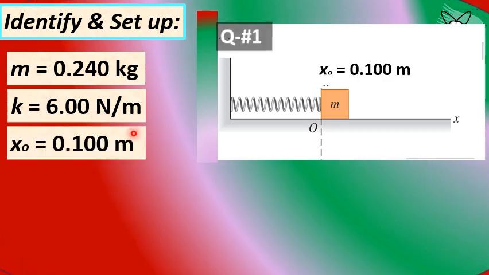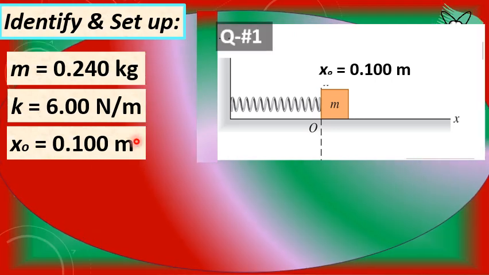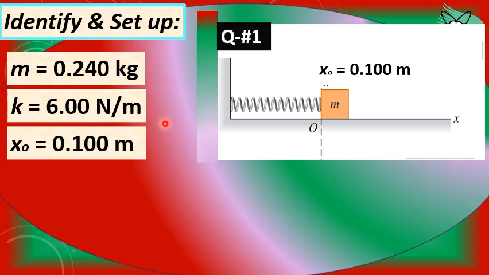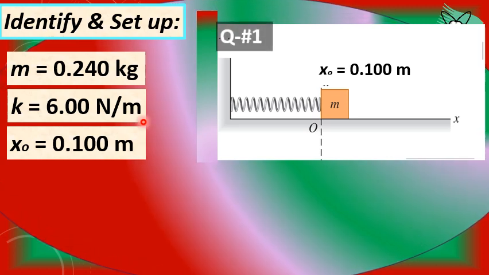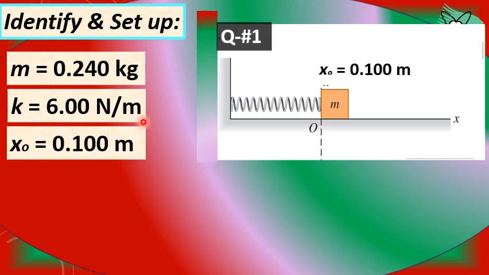Initially, the spring, whose other end is fixed, is stretched by 0.100 meters. So that is the value of x sub naught, or x naught.